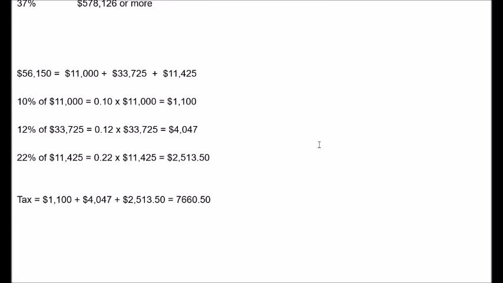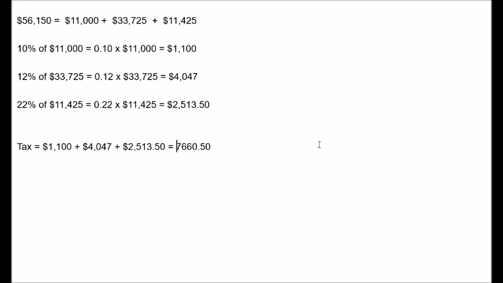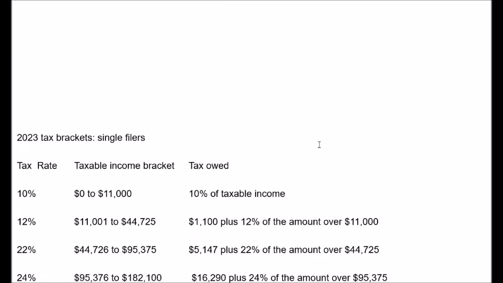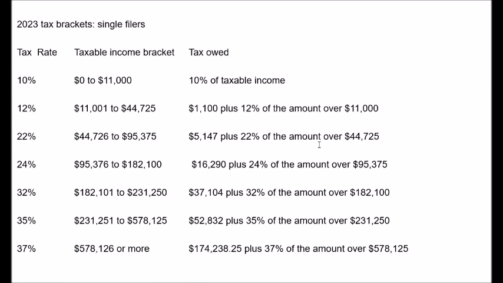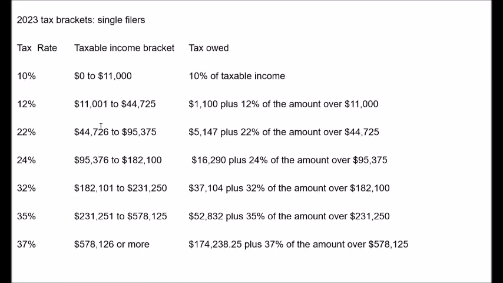A simpler way to calculate the tax is as follows. Once again, here's the tax table, and we can find this on the internet, where we can calculate the tax a little bit simpler than the way I just did it. In this case, we want to calculate the tax for taxable income of $56,150.